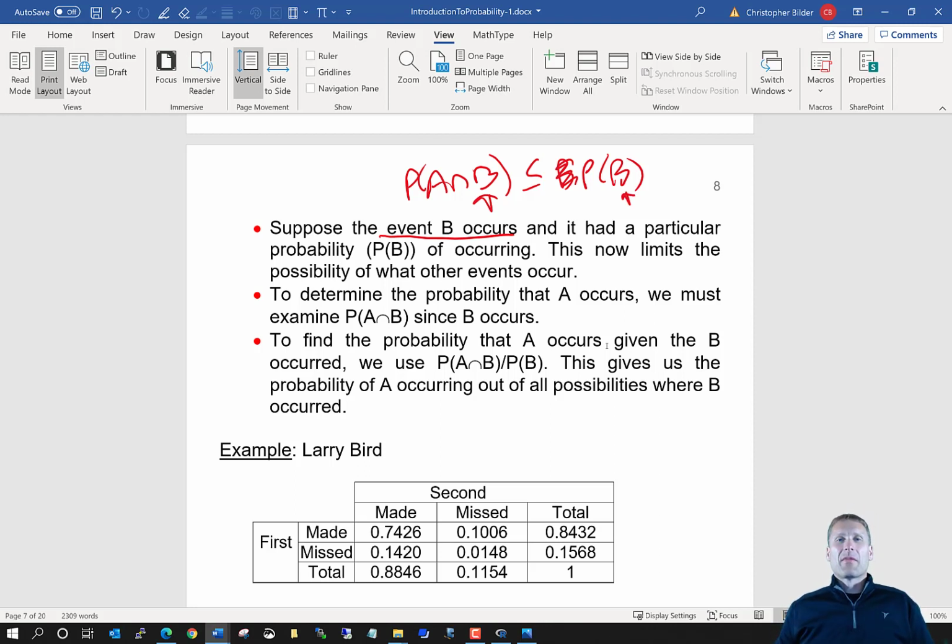So essentially what you're doing is you're looking at, well, what proportion then is this probability of A intersect B in comparison to the probability of B? Or in other words, how often does A occur given that B has already occurred? In terms of what happens, or what's the probability that they jointly occur together, given that I know that B has already occurred?